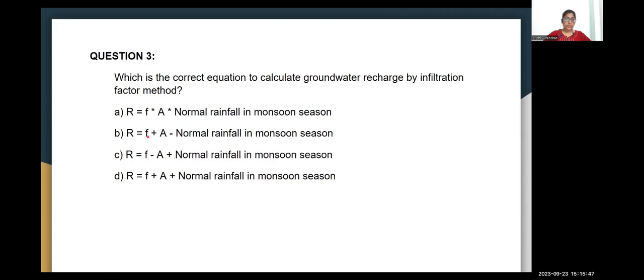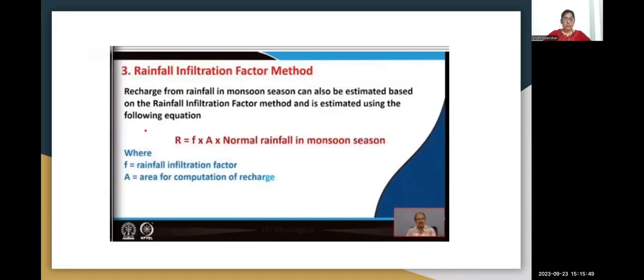Okay, moving on to the solution. So the method that is being discussed in this question is about the estimation of the groundwater recharge. How much water is being recharged into the groundwater is what this rainfall infiltration factor method is used for, and using this equation we can find out how much water is recharged in this method.